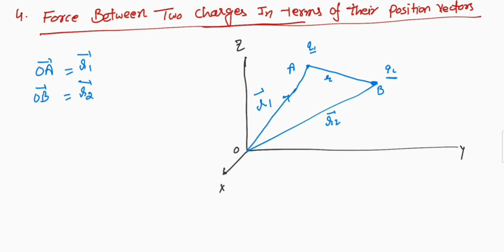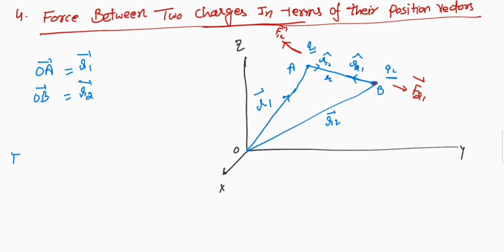As these charges are alike, the force on charge Q1 due to Q2 will be toward that side, and this force will be represented by F12 vector, and the force on charge Q2 due to Q1 is F21, and this will be toward this side as they are like charges and they will repel each other, correct? So the unit vector R12 will be toward that side and unit vector R21 will be toward this side.